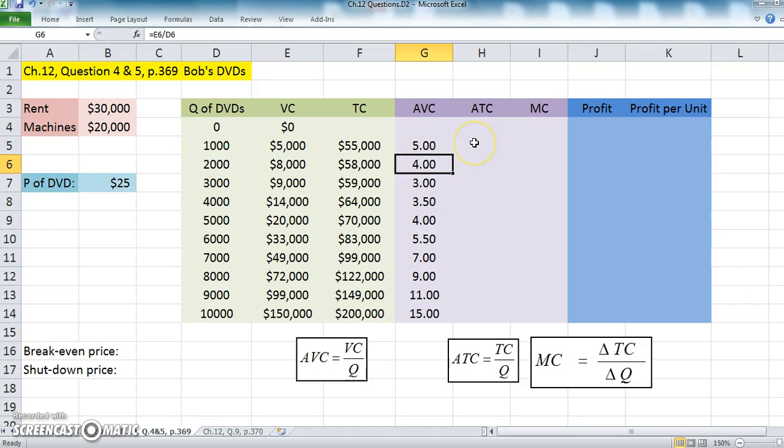So we could have used this calculation, basically variable cost divided by quantity, but just moved it over by one column. And what we could have told Excel is to hold on to column D, just D, and not D5, but just hold on to column D in the calculation.